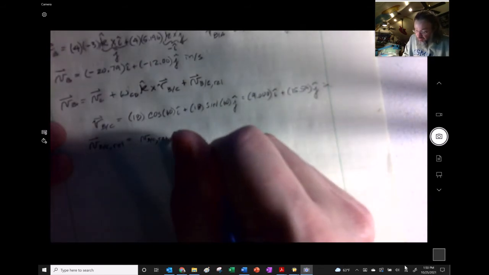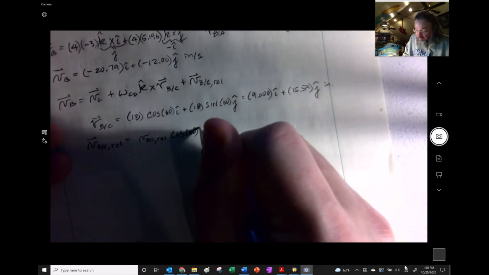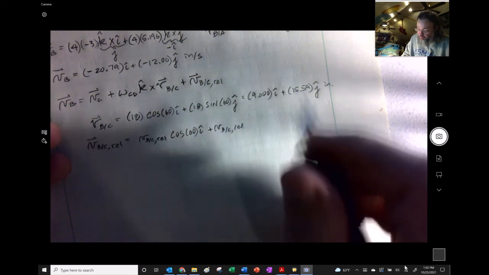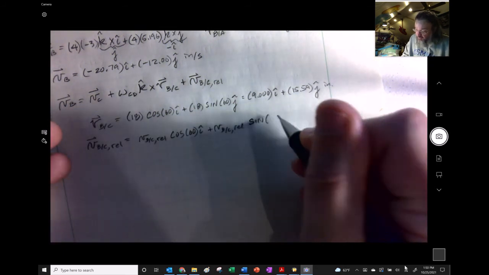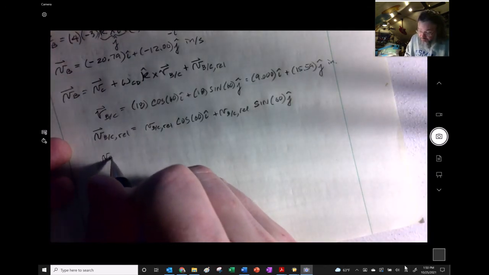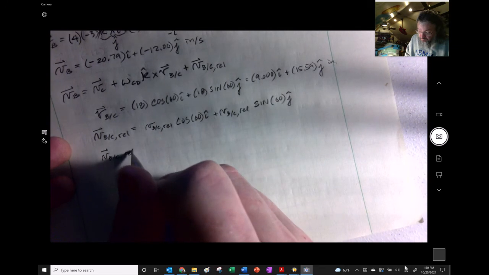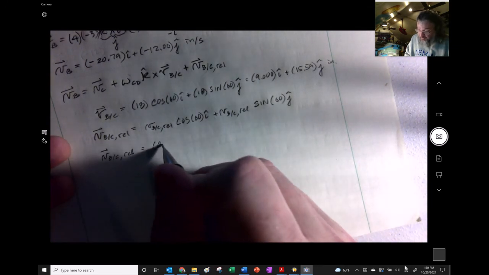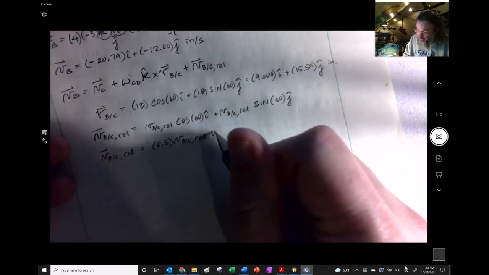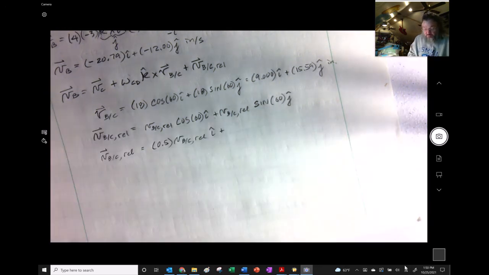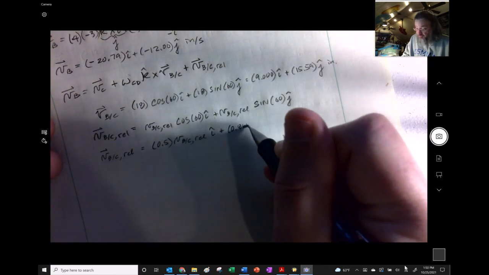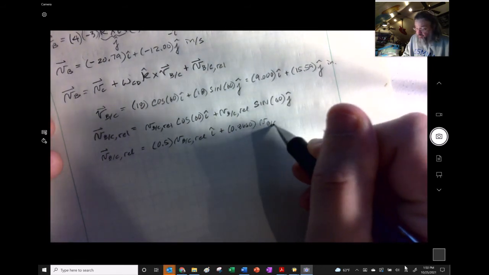It's going to be V_B with respect to C rel cosine of 60 i plus V_B with respect to C rel sine of 60 j. So we'll write it down below. So I know that's going to be 0.5 V_B with respect to C rel i plus 0.8660 V_B with respect to C rel.